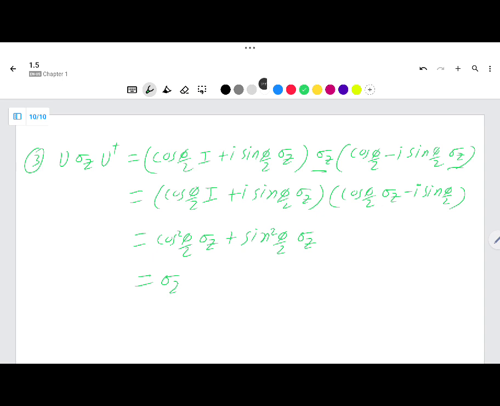So we have sigma z. So these are the transformations.